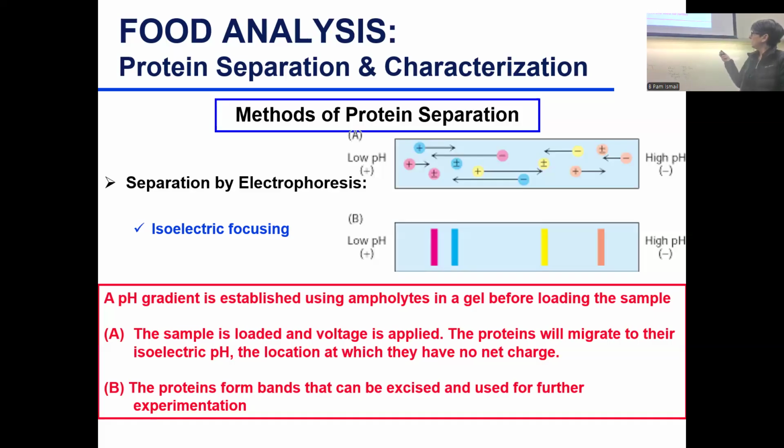After you create that gradient, you load your protein sample and then also apply the voltage, and then the protein will migrate and will stop migrating when it gets to its isoelectric point or the pH at which it has zero charge. And then you separate the protein.